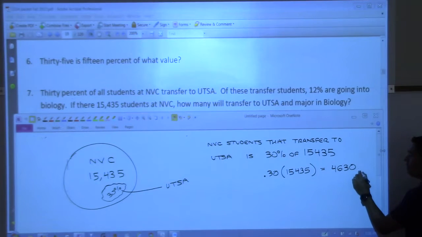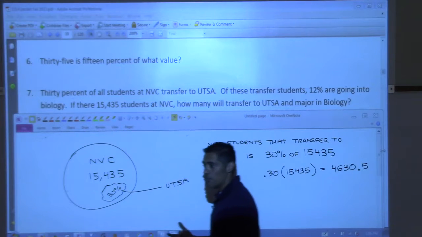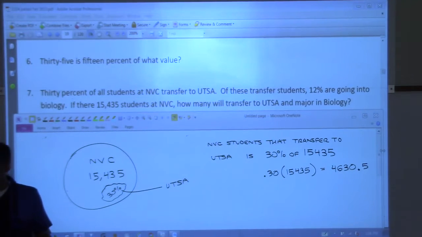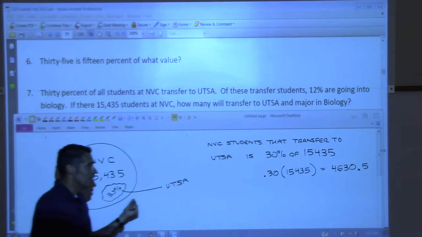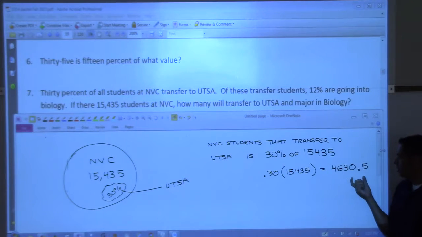Oh, is it 0.5? Okay. So this is a good illustration of how I was talking about earlier. 72% of the iPhone users in this class doesn't mean we have 72 students in the class. If we say 30% of the students transfer to UTSA, they're saying on average that's what happens, 30%. You can have a student population where when you take 30% of them, you actually get a decimal, which means you have a partial person, right?